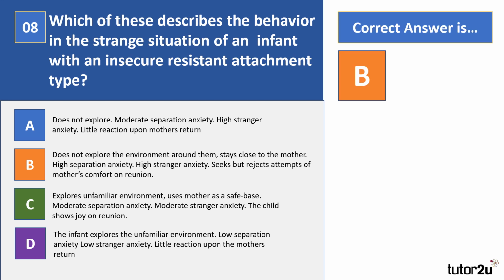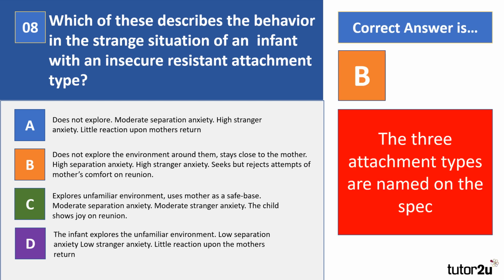Right, the correct answer is B. So if we look at B, does not explore the environment around them, stays close to the mother, high separation anxiety, high stranger anxiety, seeks but rejects the attempts of mother's comfort on reunion. Let's have a closer look at the answer. So C is secure, so that description there is a secure attachment. D is insecure avoidant, and A there is just really a mixture of the three.